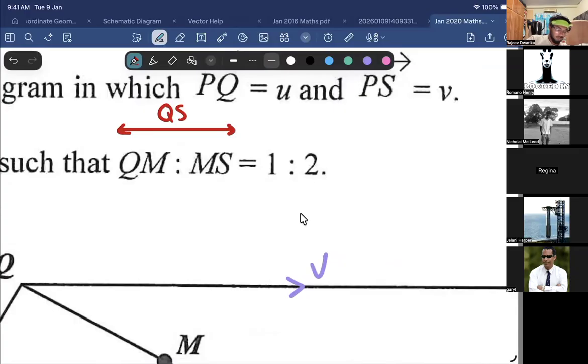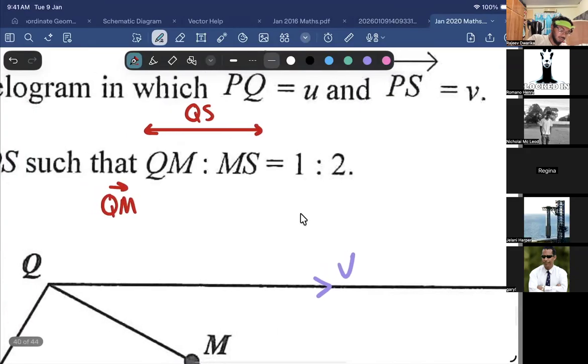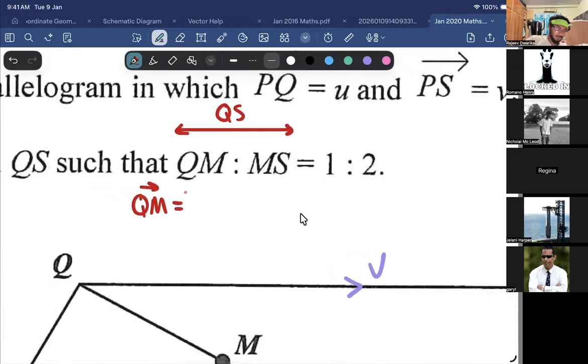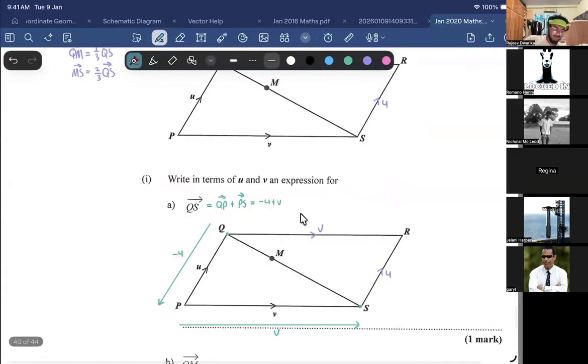QM gets 1/3. So in other words, QM is equal to 1/3 QS. And MS is 2/3 QS. Don't forget that.